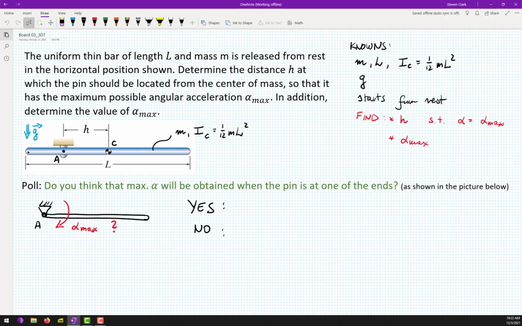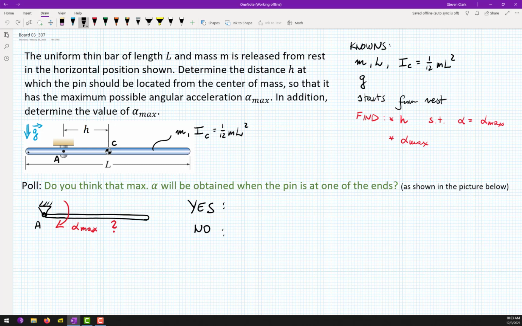Okay, so what do we have in here? We have a bar of length L, mass M, and moment of inertia 1/12 mL squared. Our favorite moment of inertia. We are also on Earth, so we have g. We know that the system starts from rest, which is great.